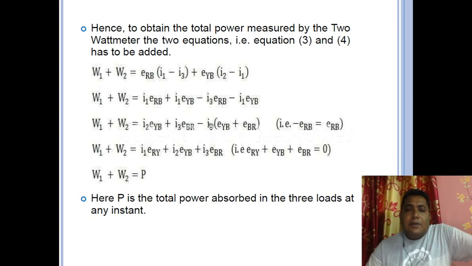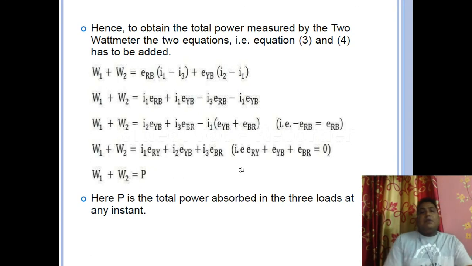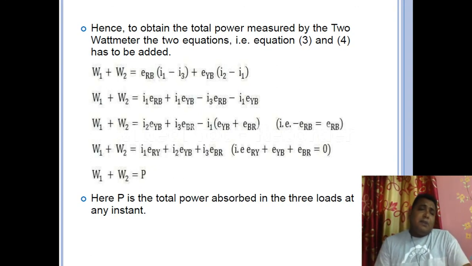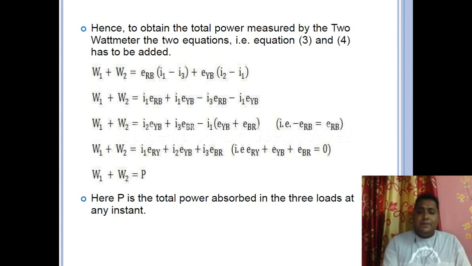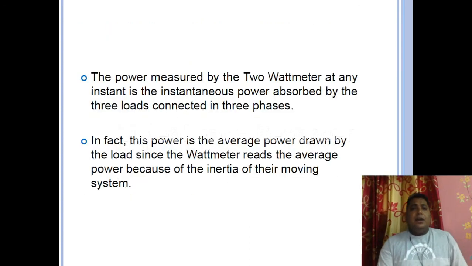So here I1 into ERY, and the next two components, I2 into EYB and I3 into EBR. So it is showing each phase power. Now we can say that it is showing us all the power in the three phase line. So using the 2 wattmeter method we can measure the three phase power of any three phase system.